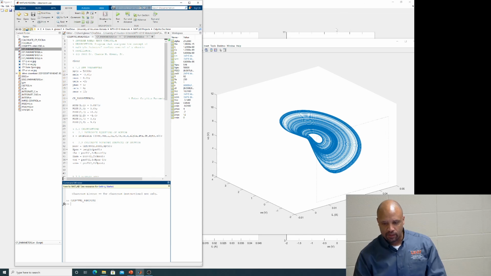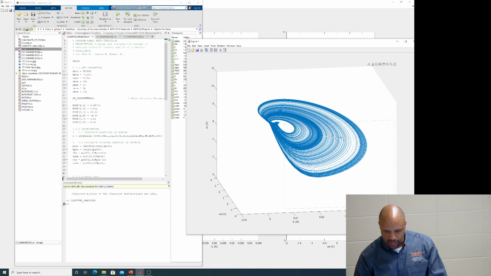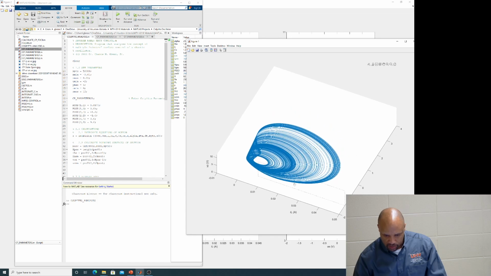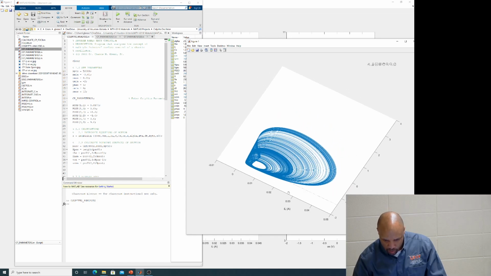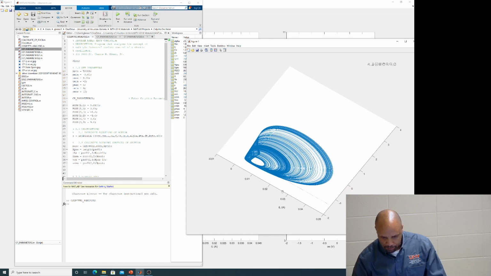And now I should be able to rotate this around, yeah. If you take a look, you see that that surface is set up in such a way that it's cutting through that flow, and is picking up the points that pass through it.